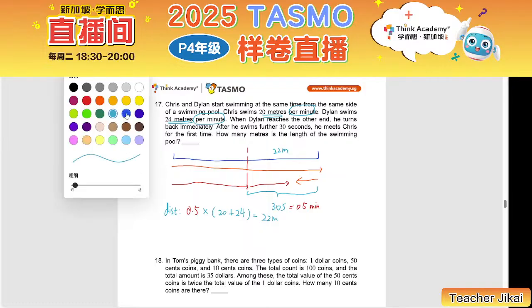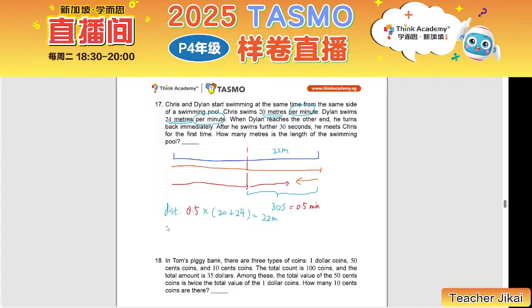Every minute, Dylan will travel 4 meters more. And the total distance here is 22 meters, from when they start at the same point until Dylan reaches the end, they have a difference in distance of 22. So every minute they will have a difference in distance of 4.